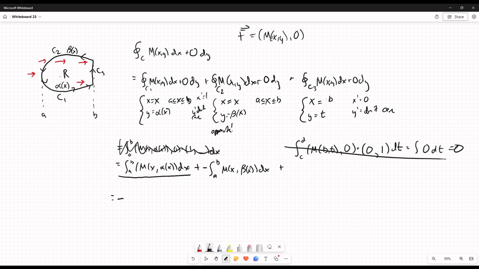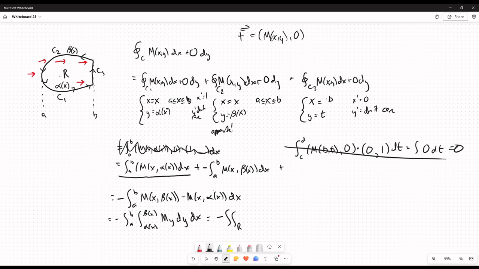So this is going to end up being negative the integral from a to b of M of x, beta of x, minus M of x, alpha of x, dx, which equals negative the integral from a to b, from alpha of x to beta of x, of the derivative with respect to y of this function M(x, y), which will end up being the negative integral over our region, because if we look, our region is exactly bounded by beta, alpha, and then these lines at a and b.